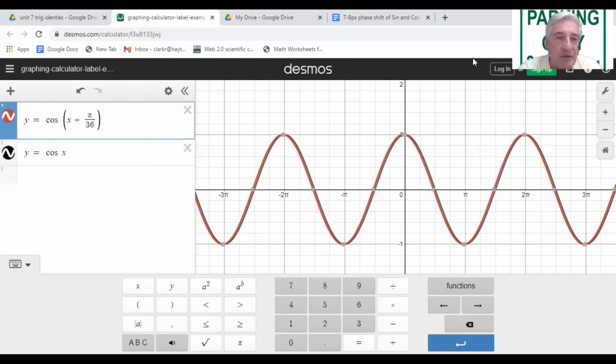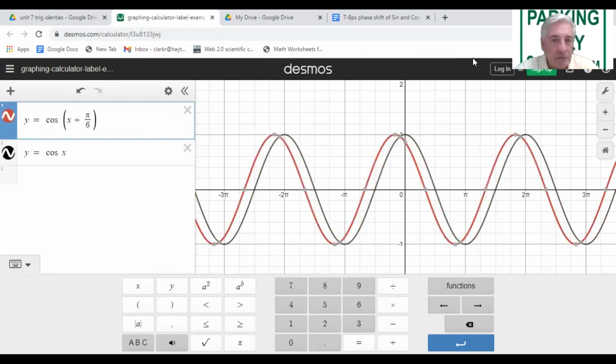Pi divided by 36 is 5 degrees. That's all I moved it. Our phase shift did work, but it's very hard to tell on your graphs. So let's go back and put pi divided by 6. And on your graph, you should see that you moved it sideways 30 degrees.